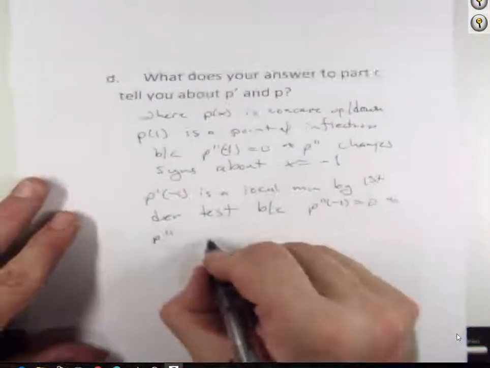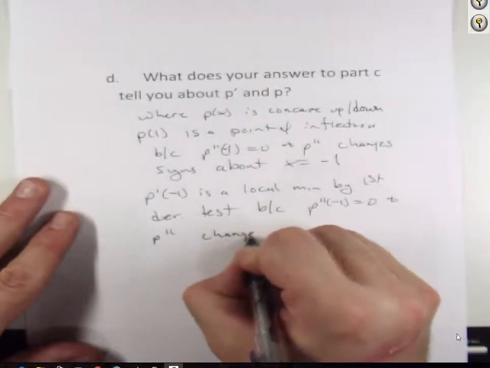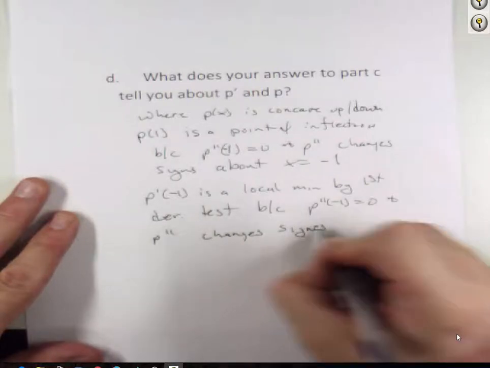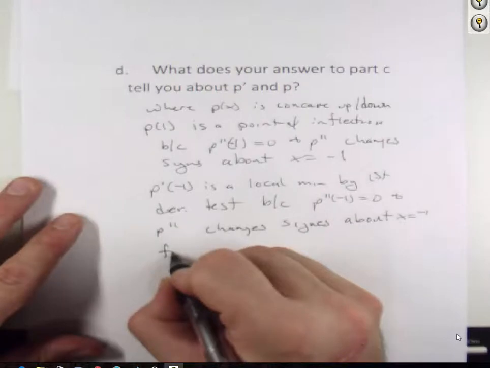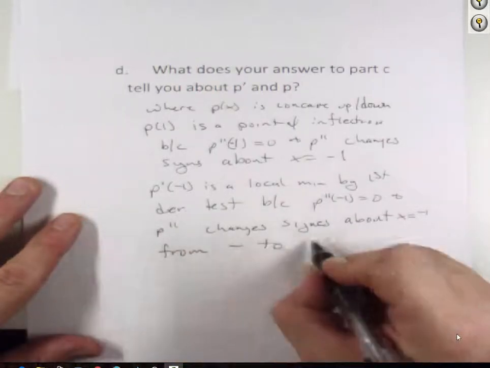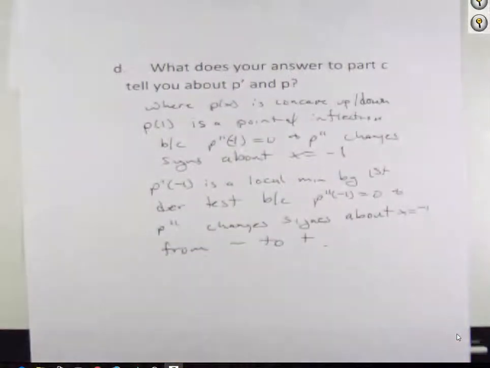And P double prime changes signs about x equals minus 1 from negative to positive. And that was the best response you could have.